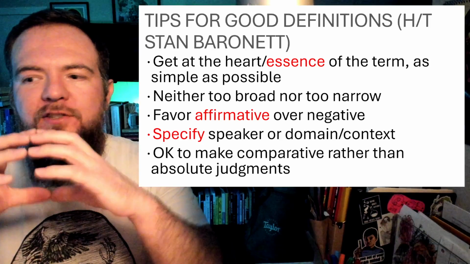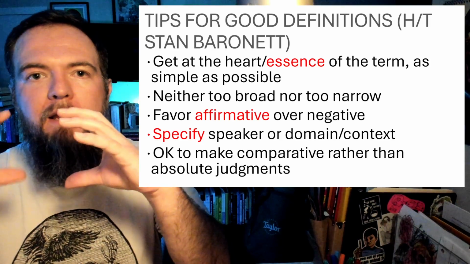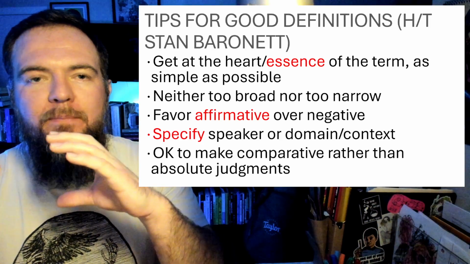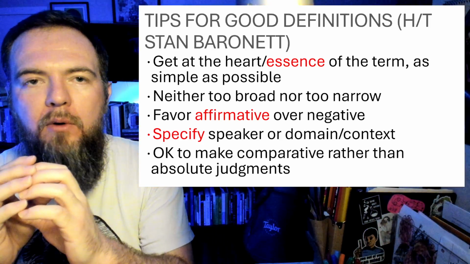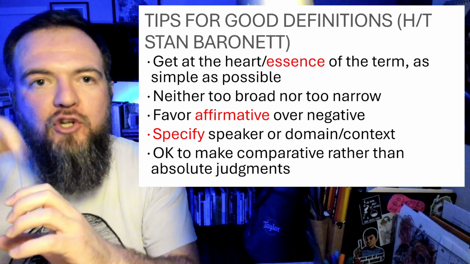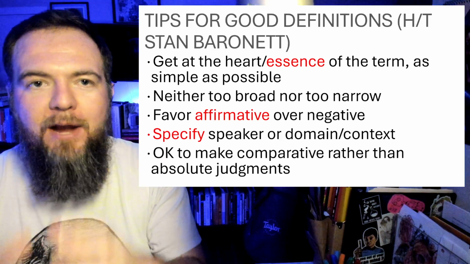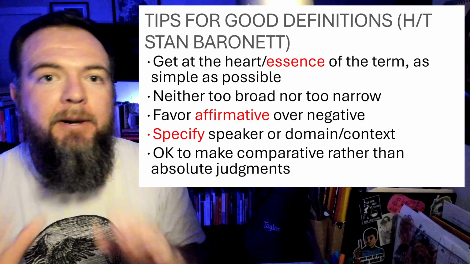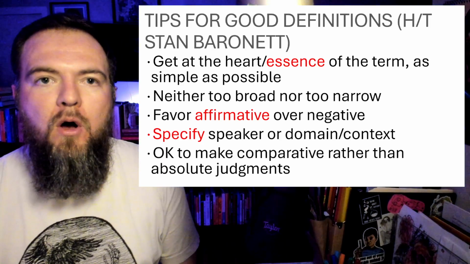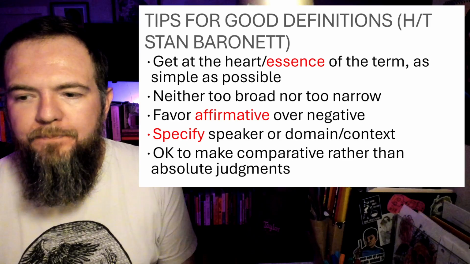You want to make sure that that circle is neither too broad, meaning it lets things in that shouldn't be in there, nor too narrow, meaning that it's excluding things that should be inside. You want your definition to fit the phenomena that you're trying to describe and exclude the phenomena that you're not trying to describe or define.